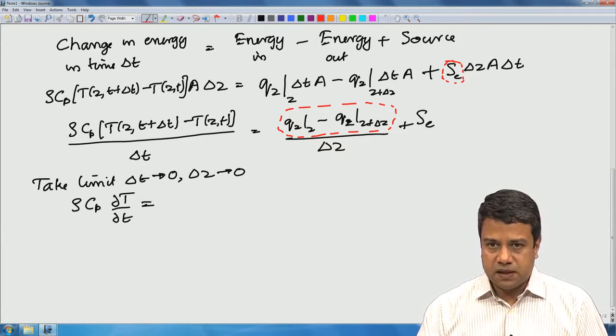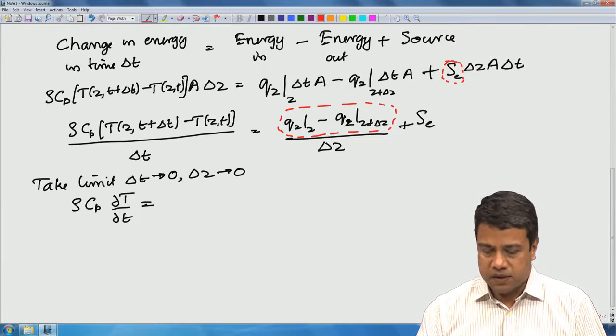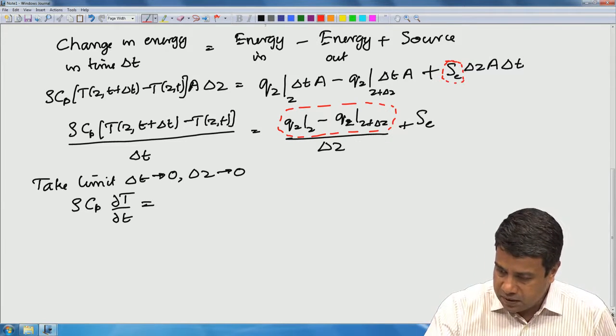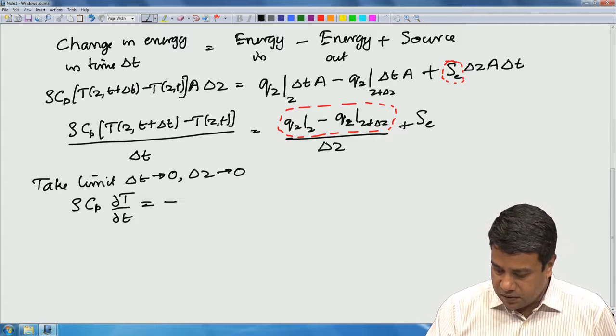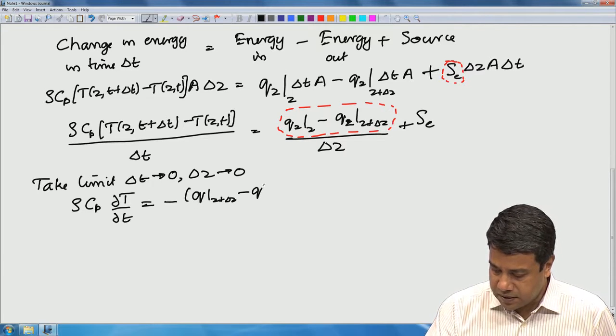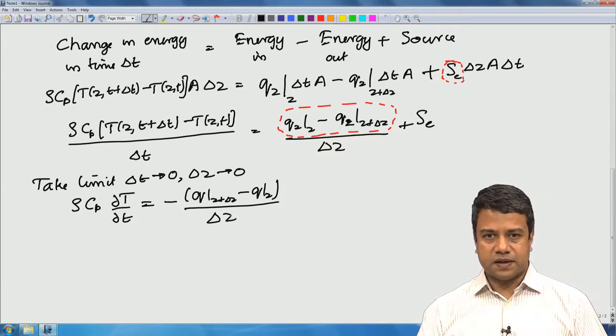So, this is basically the negative of the derivative with respect to z. So, this is equal to minus q at z plus delta z minus q at z by delta z. I have just written it with a negative sign outside.